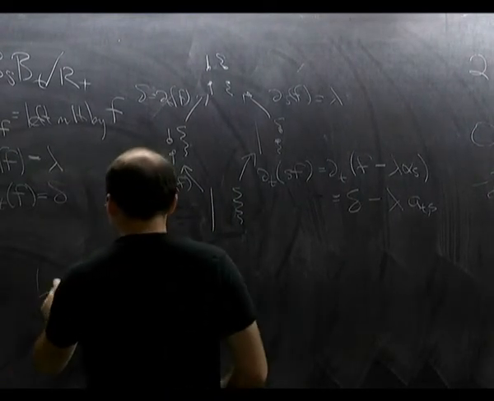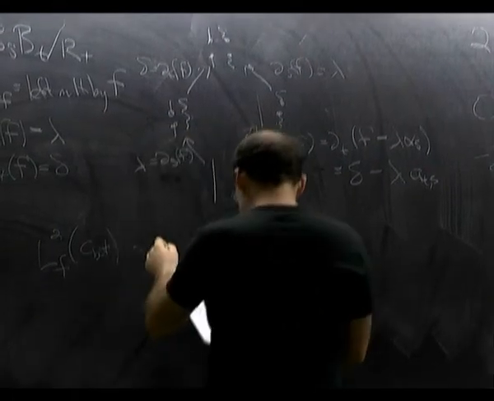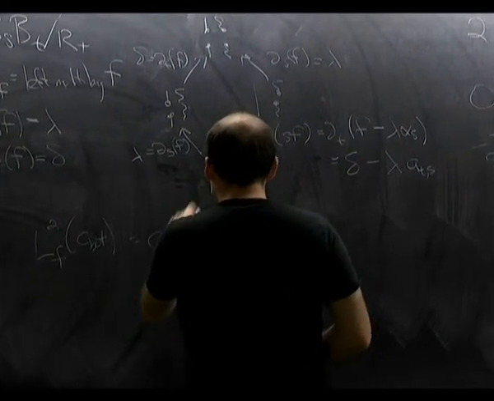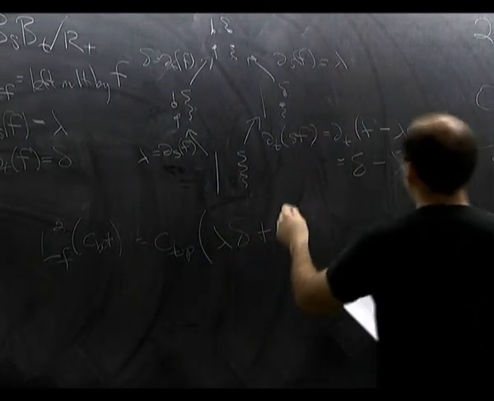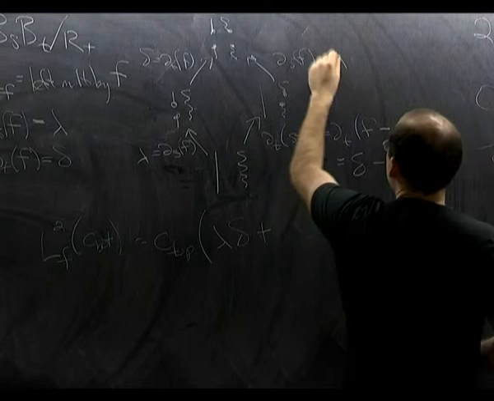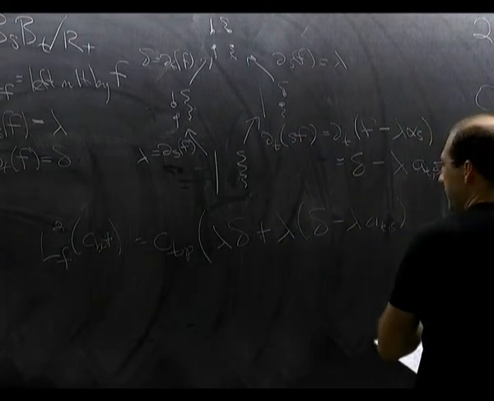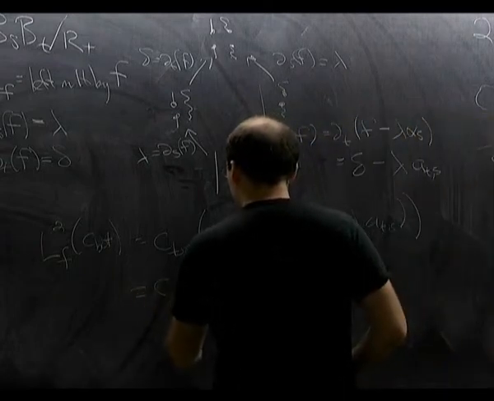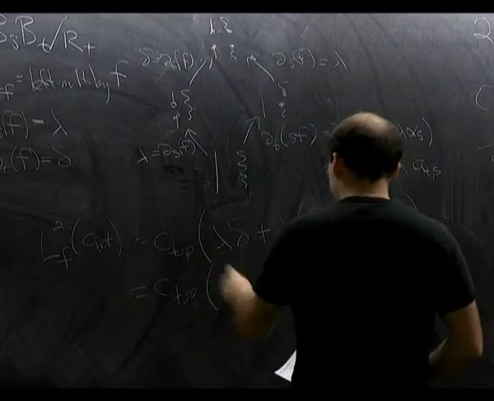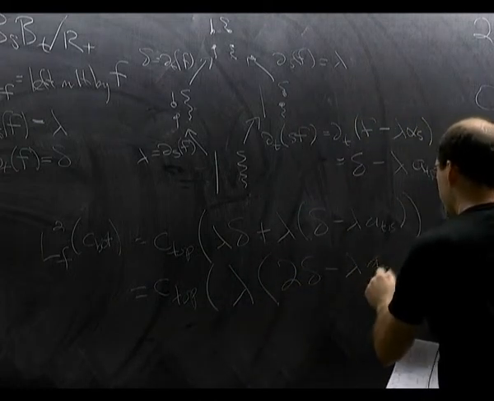So LF squared applied to C bot: now we see what this is. This is C top times lambda delta plus delta minus lambda A TS, which is C top times lambda 2 delta minus lambda A TS.